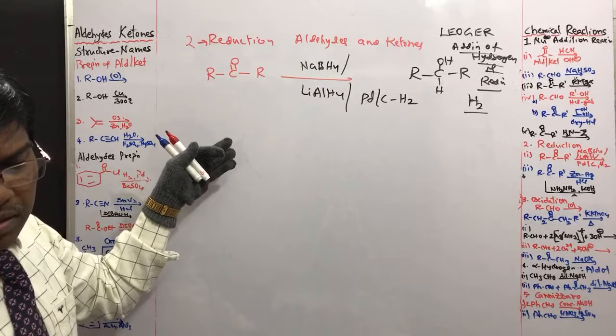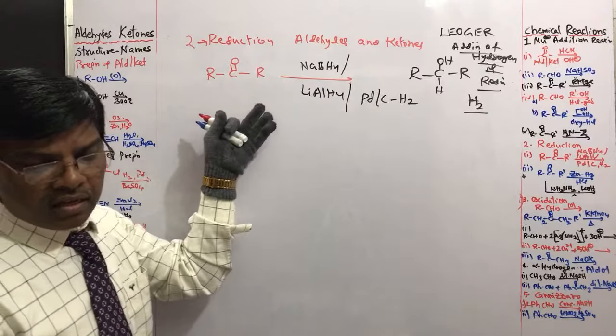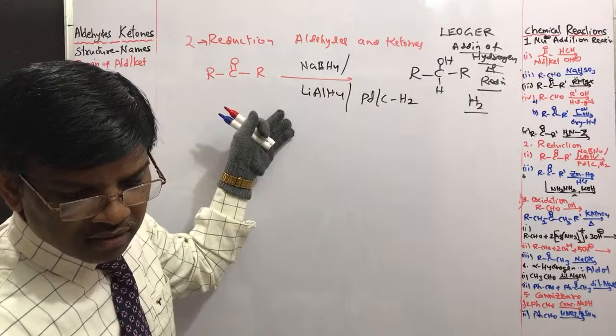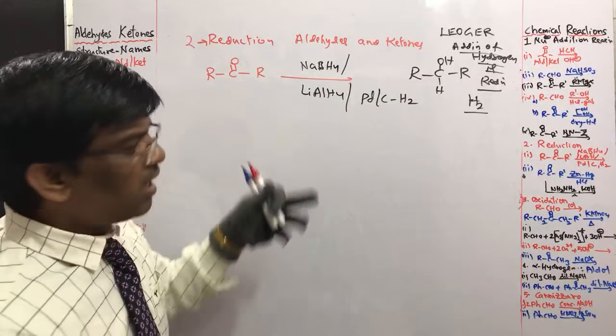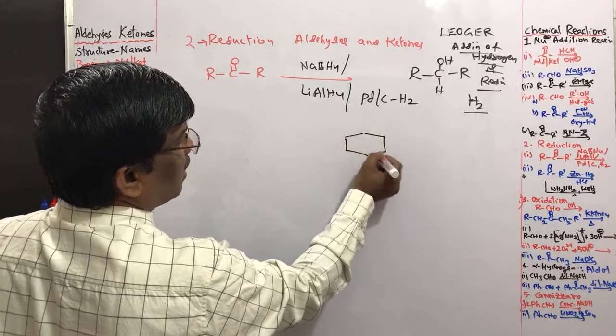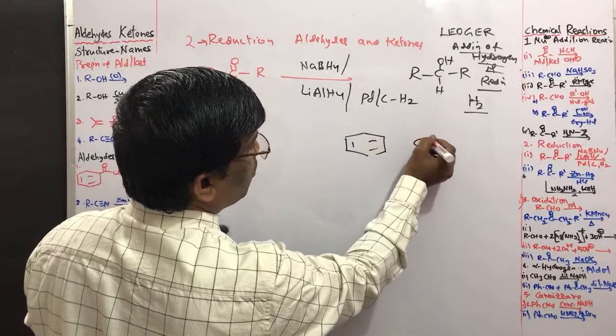Yes, so for your question, it is very simple. Gattermann formylation, it is nothing but, I have given in this also. So carbonyl compound, it is carbon monoxide.